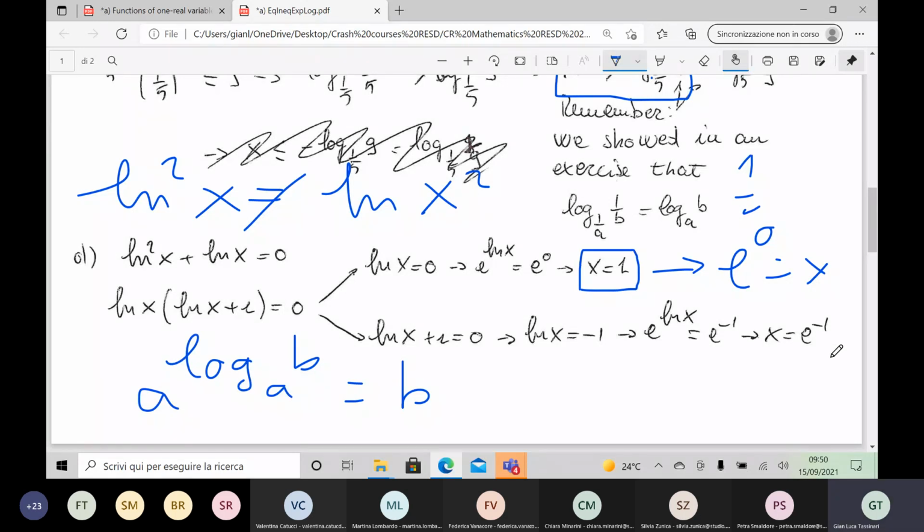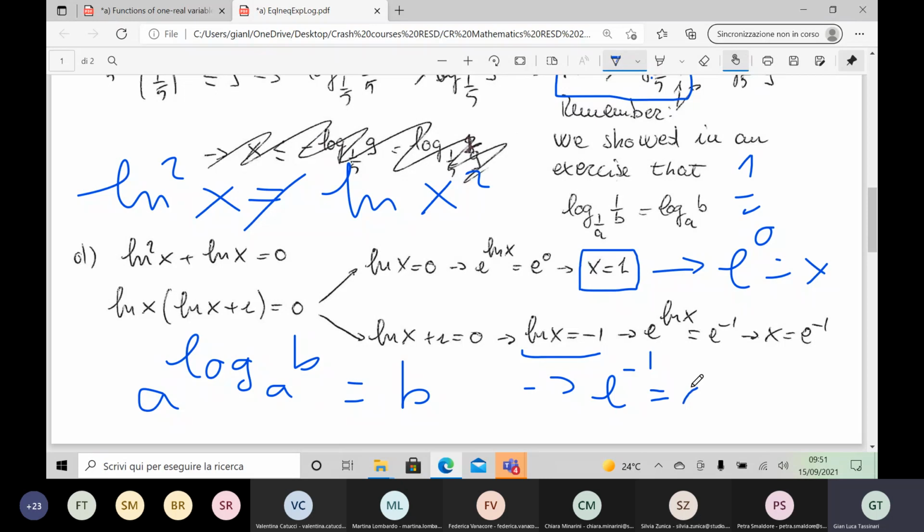Alternatively, how can you proceed? Minus 1 is the logarithm. By definition, the logarithm, that is minus 1, is the exponent I have to give to the basis of the logarithm, e, to get x.